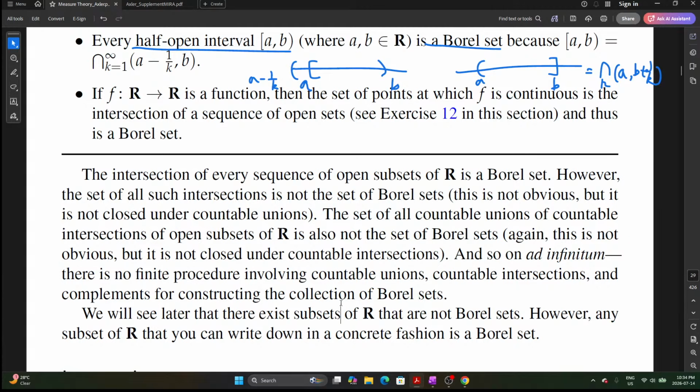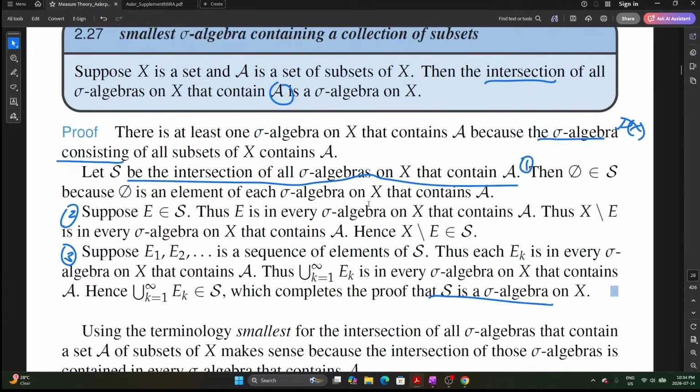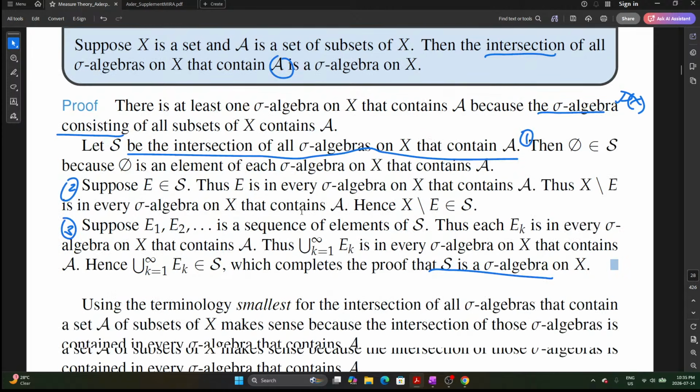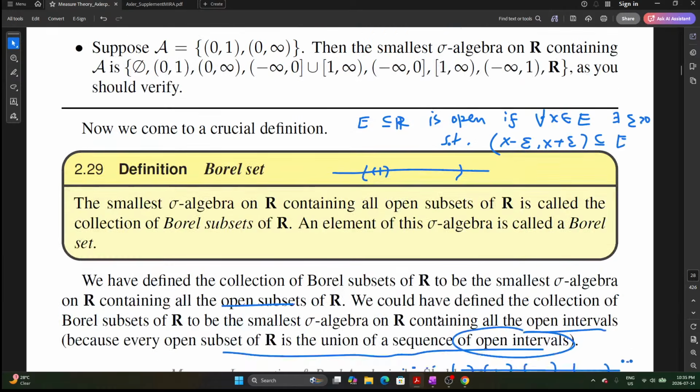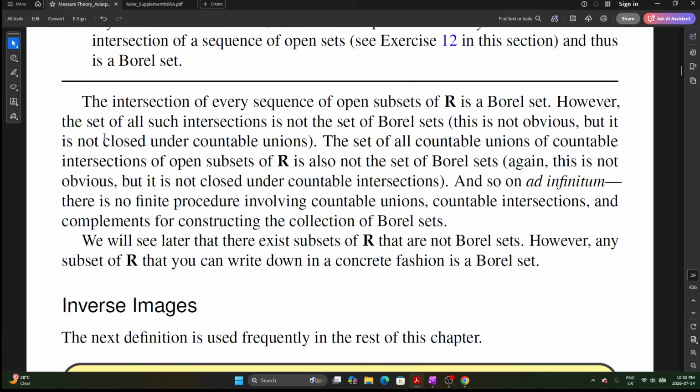The notion of Borel sets is defined in a non-constructive manner, like in the proof of 2.27, where you take the intersection of all sigma algebras containing the open sets on the reals. That's the main takeaway here, even though there are details we haven't managed to prove.